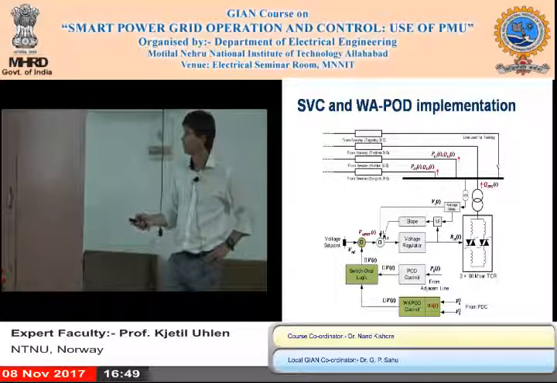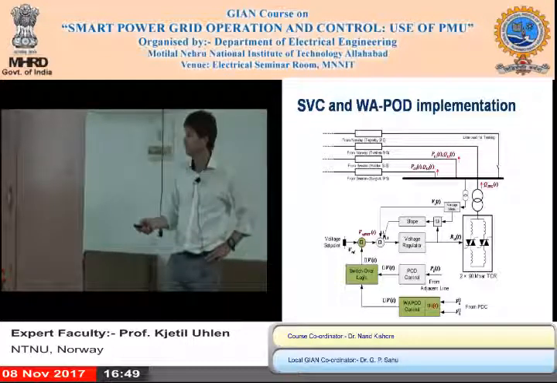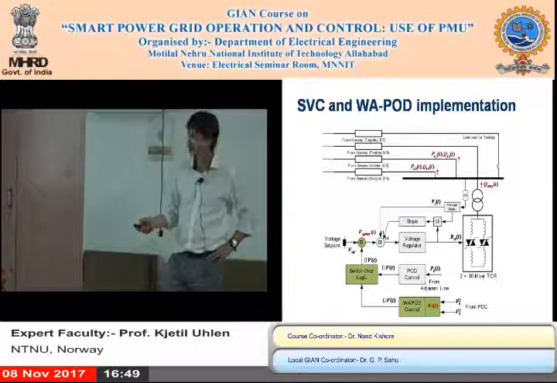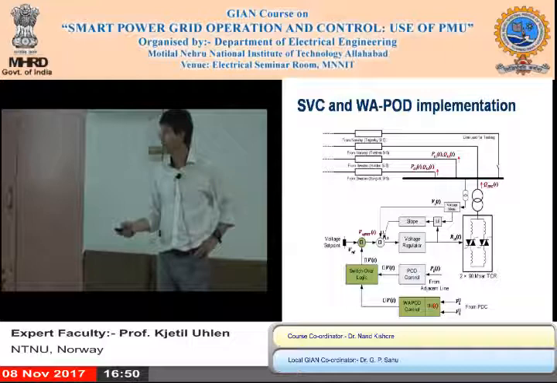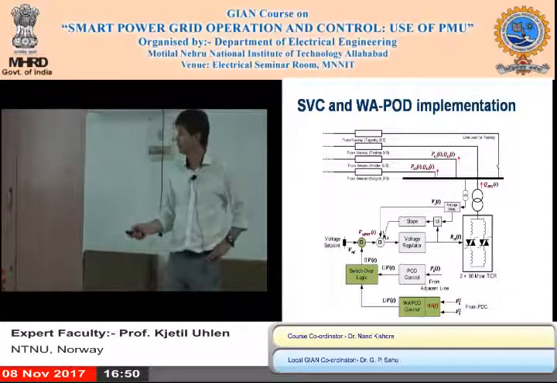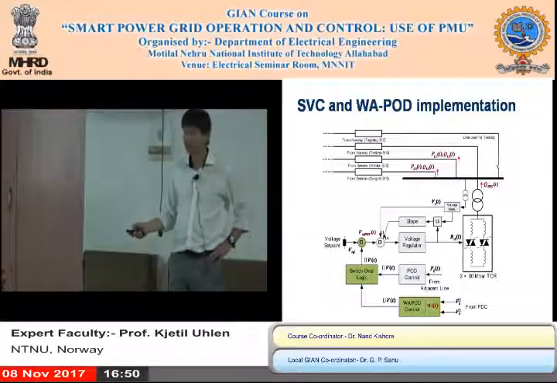And it is equipped with an auxiliary control input that is usually the local POD, which measures the power on the line. But what we developed then was the wide area power oscillation damper that took the angle difference from the two remote sites through the controller and added that as the control signal.